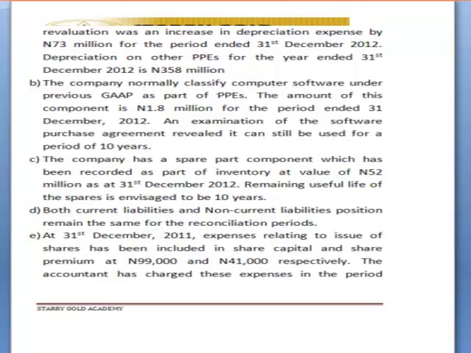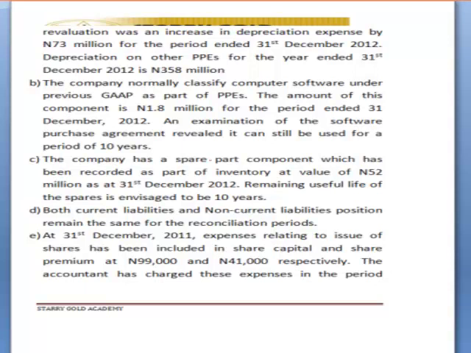Now, we also have the B part. The company normally classifies computer software under previous GAAP as part of property, plant and equipment. The amount of this component is 1.8 million for the period ended 31st December 2012.